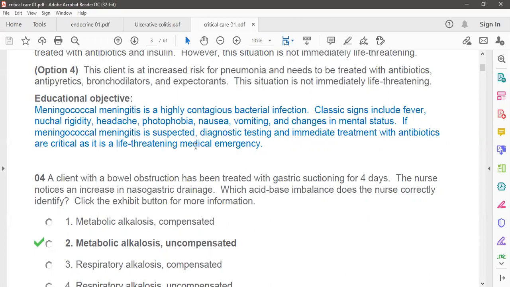I said we give them antibiotics or analgesics, and it is also important to know the precautions: droplet precautions. If antibiotics and analgesics do not cure, then we will collect the CSF.